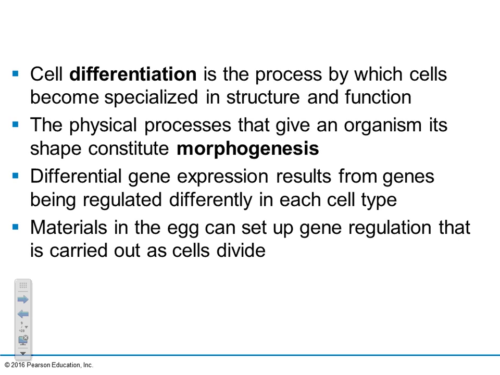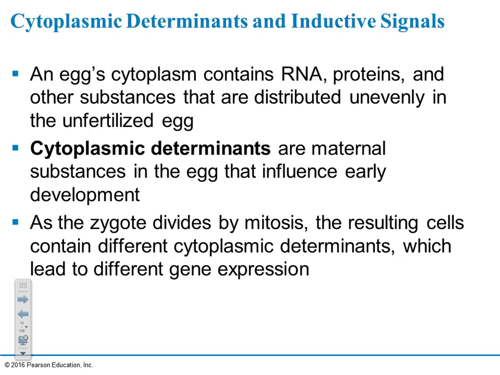Morphology is shape, so morphogenesis is giving that shape, and it's going to depend on how those genes are expressed, and a lot of it, at least some of it, is going to be determined before the egg and sperm ever come together, depending on the types of messenger RNA and proteins in the mom's egg cell.